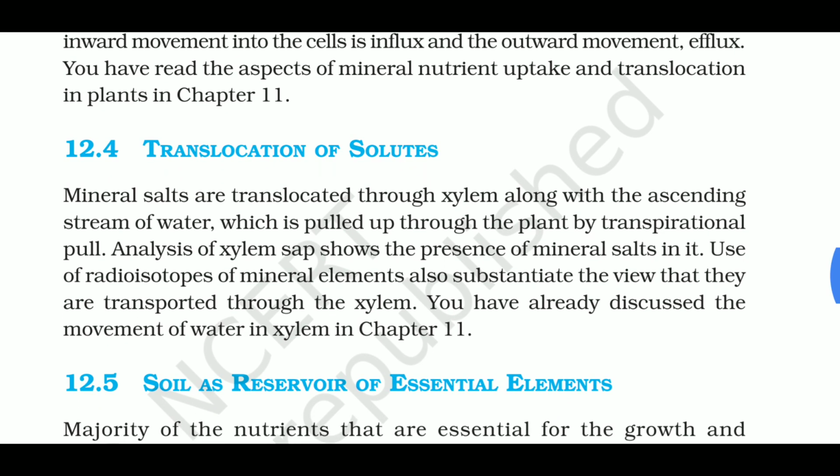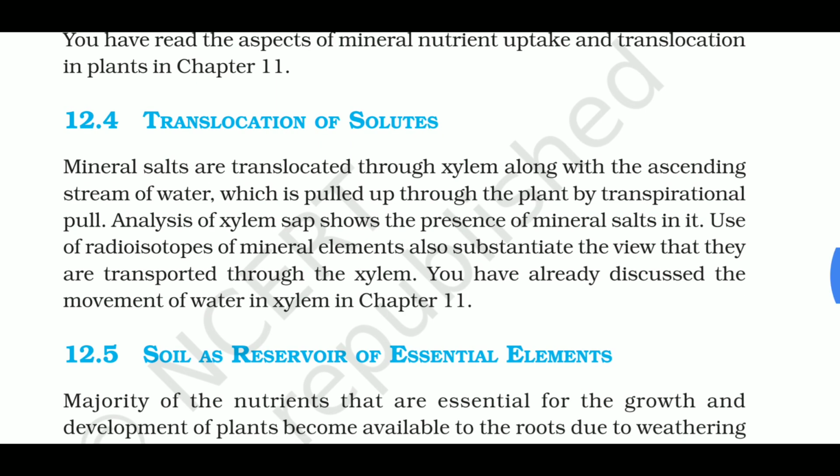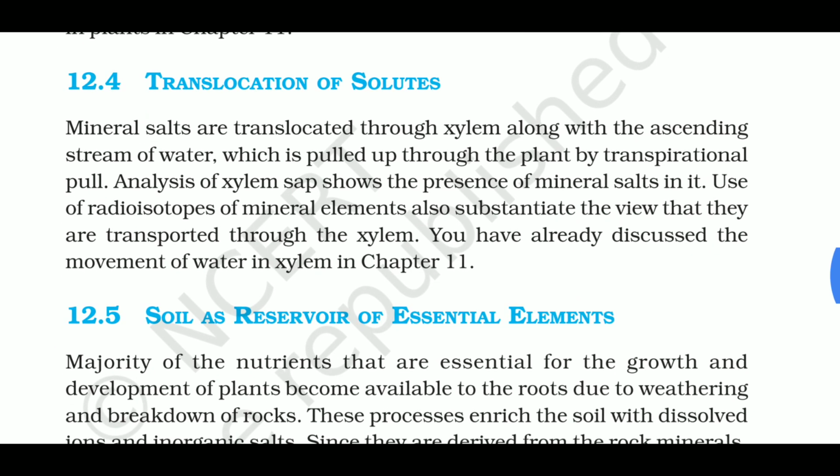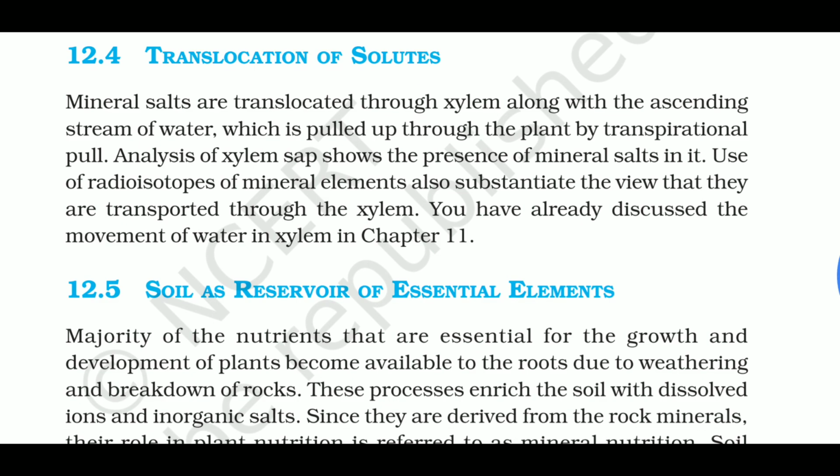You have read this aspect of mineral nutrient uptake and translocation in chapter 11. So this is already seen in chapter 11. Let's see the translocation of solutes. Mineral salts are translocated through xylem. Through xylem only the minerals are transported, along with the ascending stream of water, which is pulled up through the plant by transpirational pull.